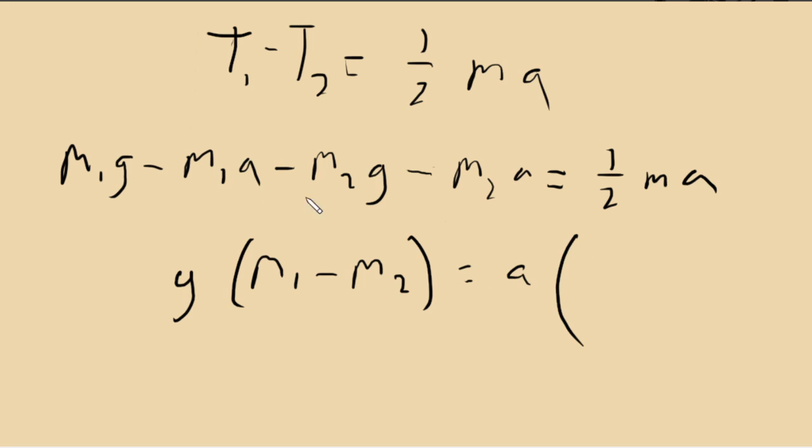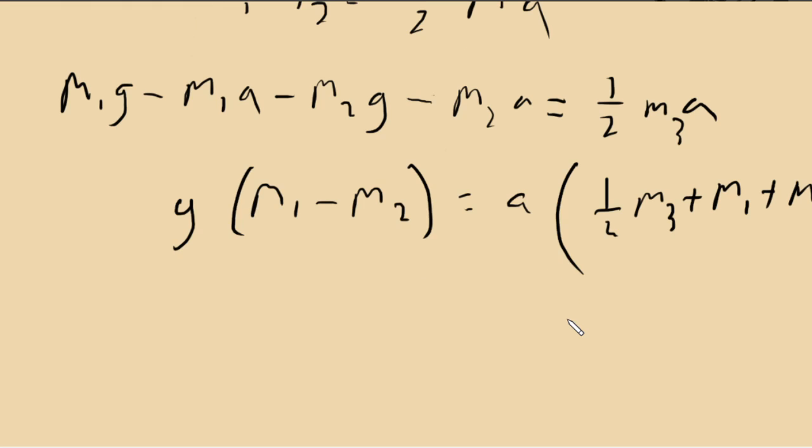So we're adding this term and this term over. So we're just going to be left with 1/2 M3 plus M1 plus M2, times A. Sorry, this should have had a 3 here.